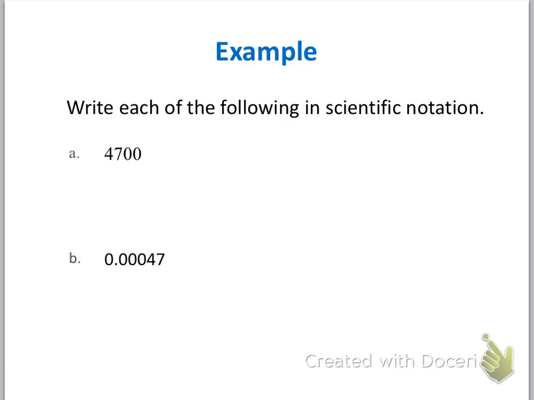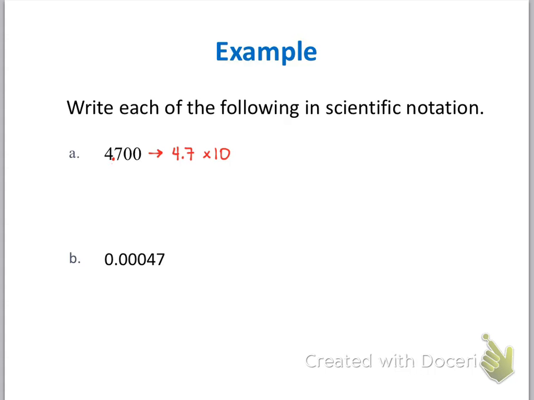So in order to make 4,700 smaller than 10, I would put a decimal between the 4 and the 7. Okay? So that means I have the number 4.7 times 10 to what power?